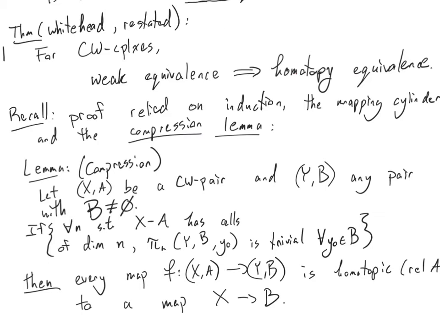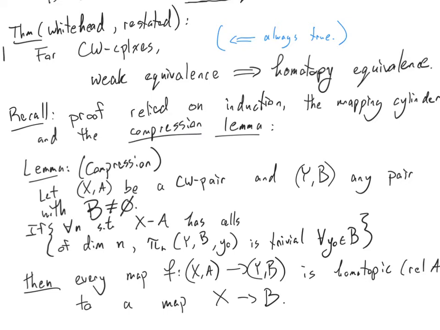It's easy to prove that the converse is true, and that's just always true. So homotopy equivalences have to induce pi star isomorphisms because of functoriality of pi n for all n.